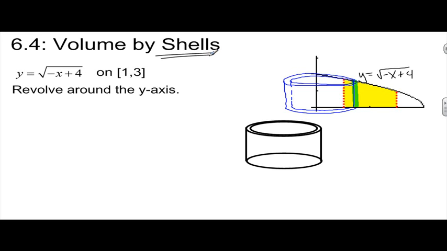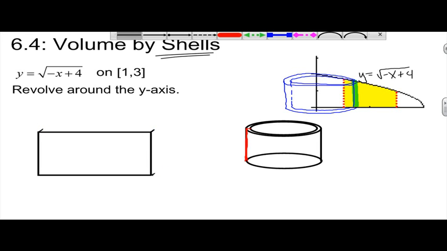If we take a pair of scissors and cut right from the top straight down to the bottom, and then think about unrolling that soup can and laying it flat on the table, we'll end up with something that's shaped like this, a rectangular solid. And we're approximating the volume of that rectangular solid.